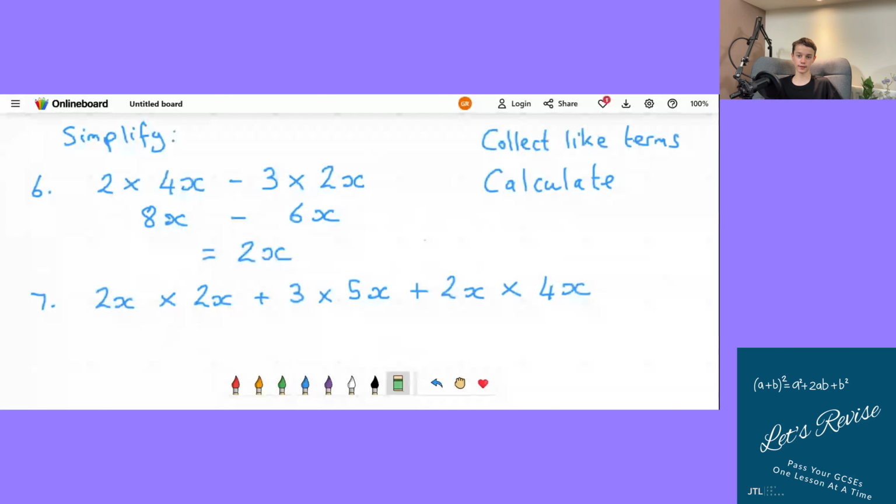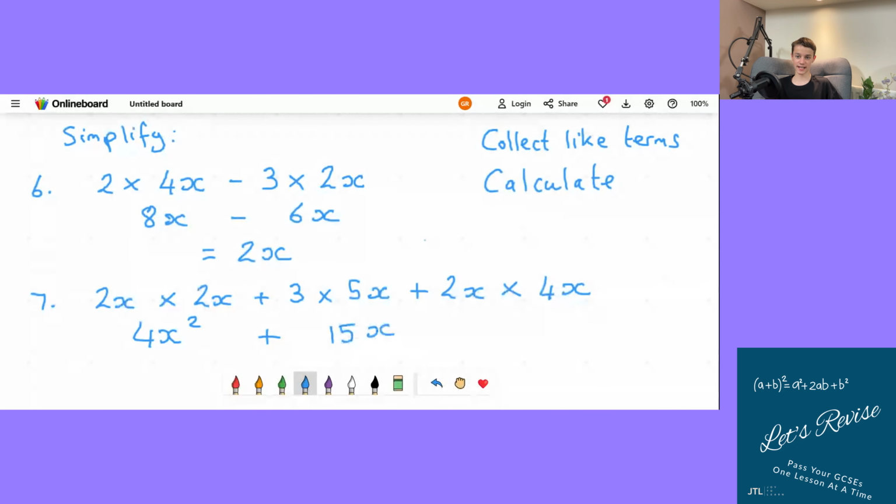Number 7. 2x times 2x is 4x squared. Now, make sure you write x squared because x times x is x squared. And 2 times 2 is 4, so it's 4x squared. Then it's a plus. We have the 3 times 5x. There is no x after the 3. It's not 3x, it's 3.